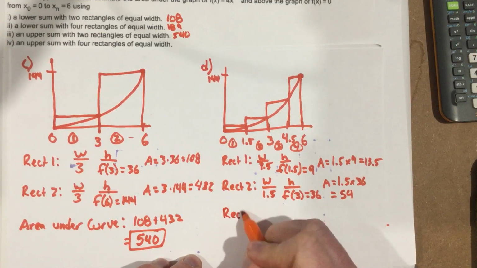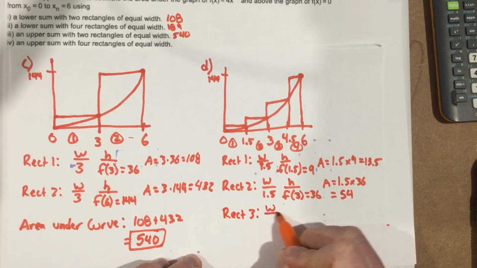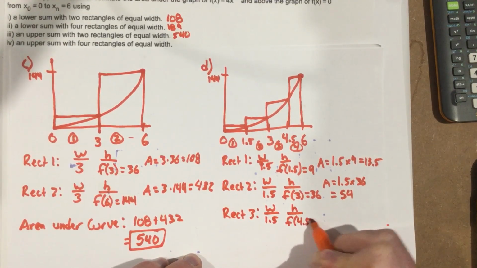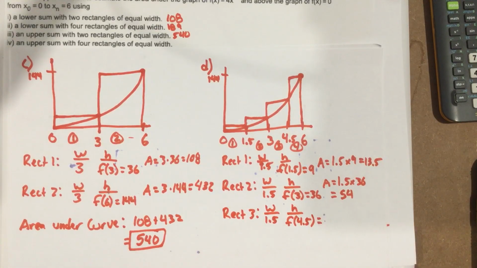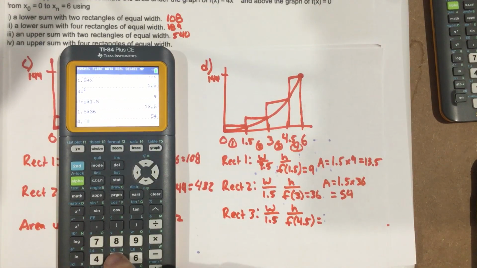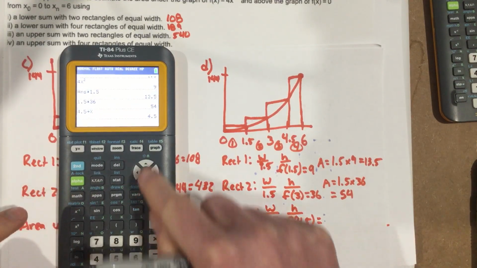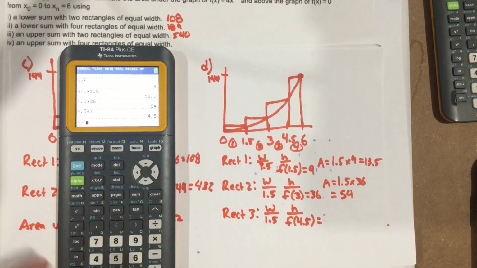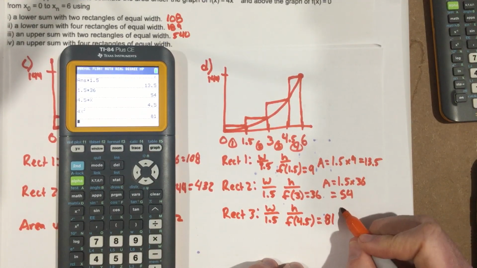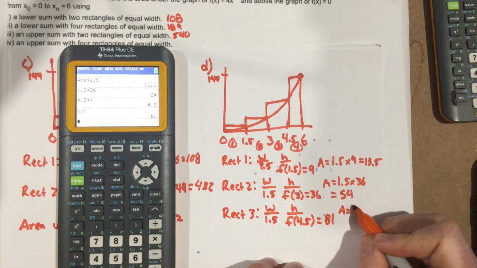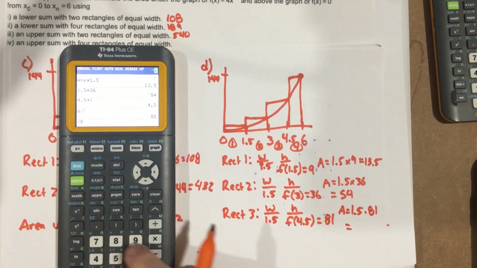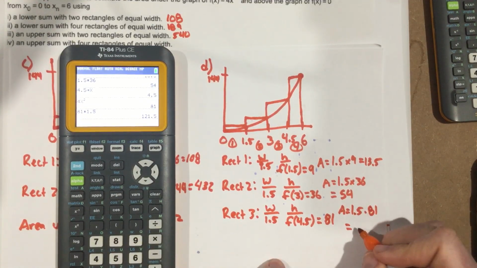Rectangle 3, width 1.5, height f of 4.5. So if I go 4.5, store it as x, grab that function, 81. So I have area equals 1.5 times 81, which is 121.5.